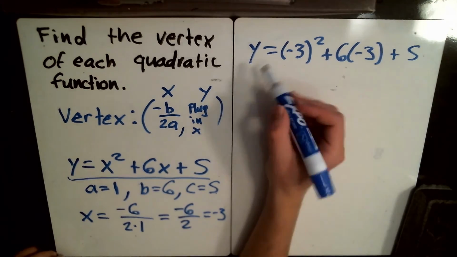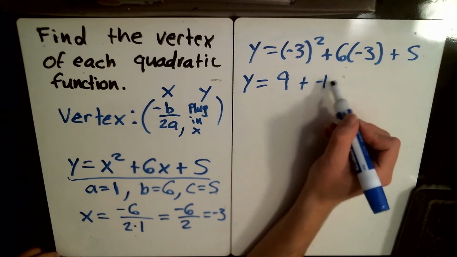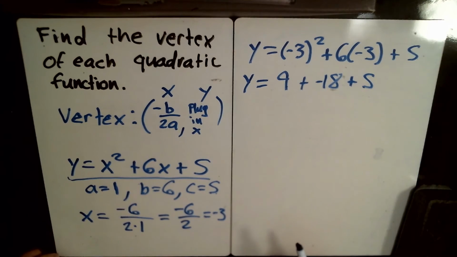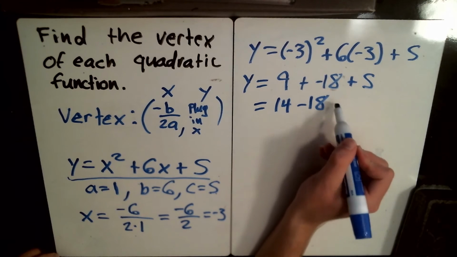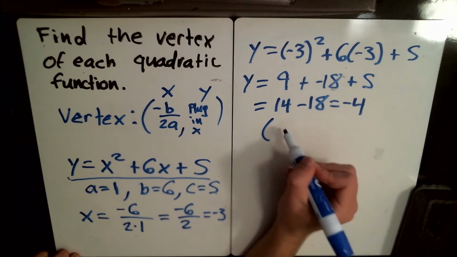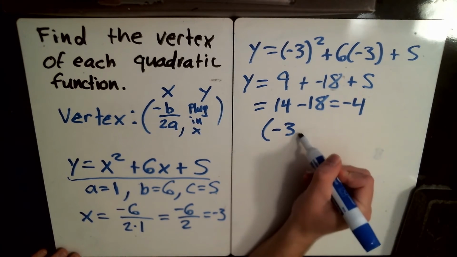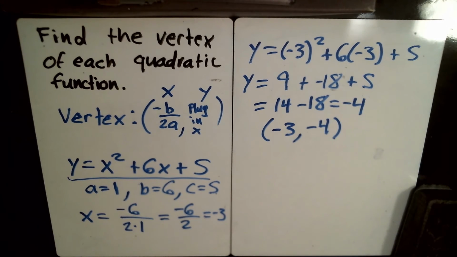So we get 9 plus negative 18 plus 5. 14 minus 18 is negative 4. So what does that mean? It means that the vertex of this parabola is at the point negative 3, negative 4. That's where it's going to be.